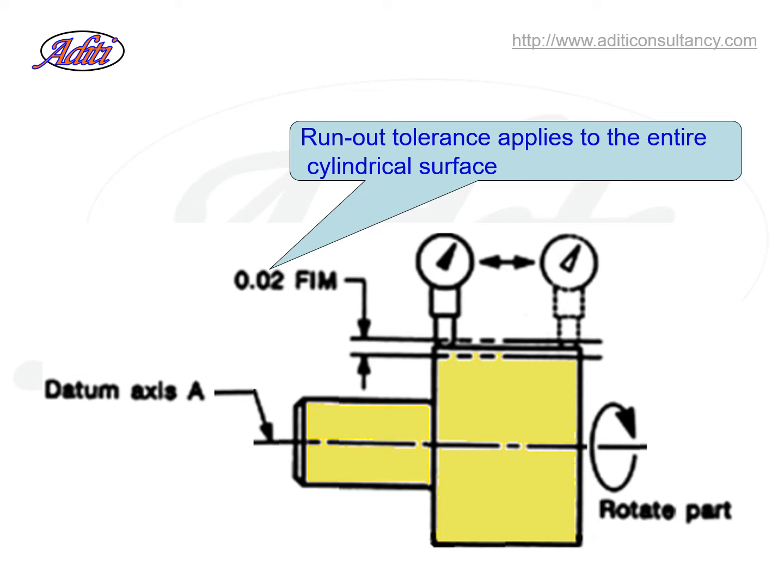Then, while the part is being rotated about the datum axis, the dial indicator is made to move along a linear path parallel to the datum axis till it reaches the other end. During this entire traverse of the dial indicator, the reading of the dial indicator will be observed. The overall variation in the dial indicator reading should not be more than the specified total runout in the feature control frame.